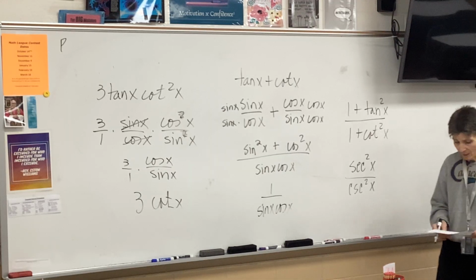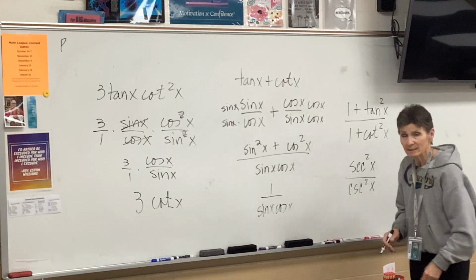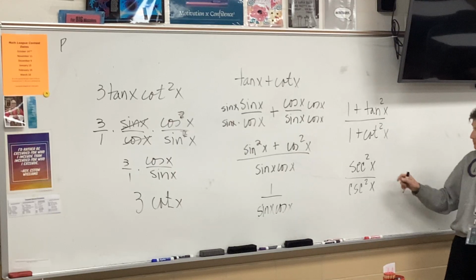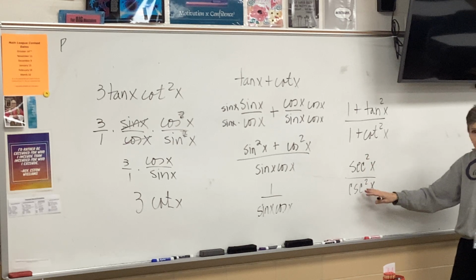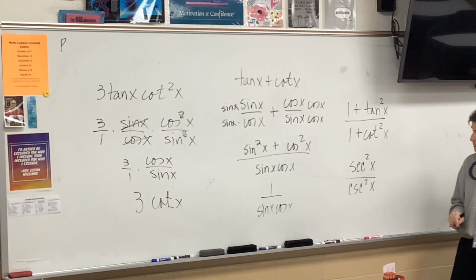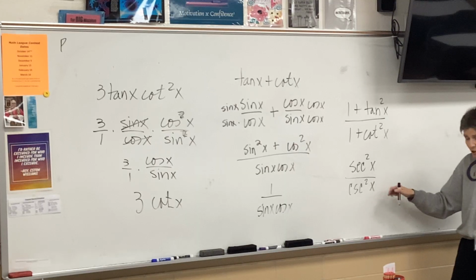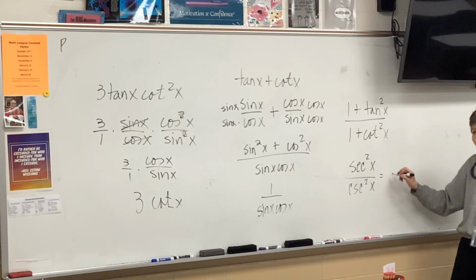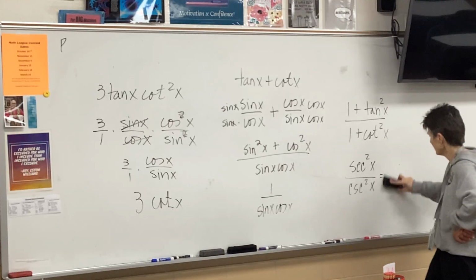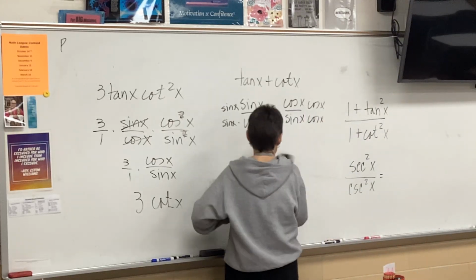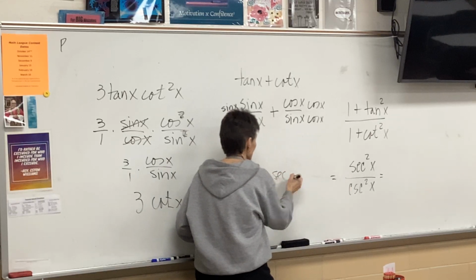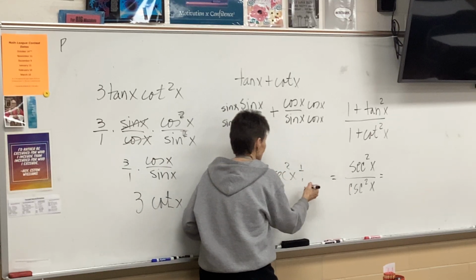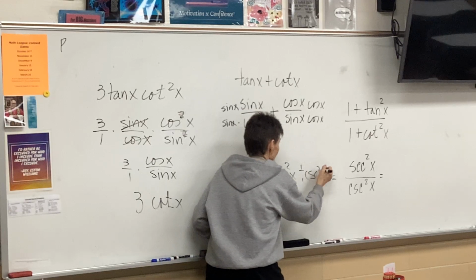Now, we've done a few of them like this. We talked about this. You have something over something. When we have that situation, I like to write it longhand. I'll do it over here so I get it on the video. So I'll write secant squared divided by cosecant squared.